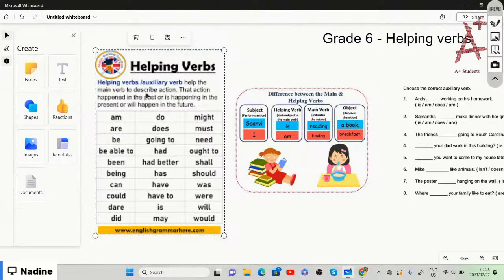So this is but a few of the helping verbs, which we also call auxiliary verbs.